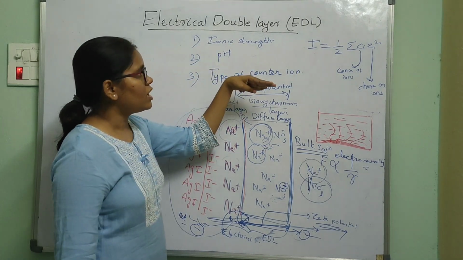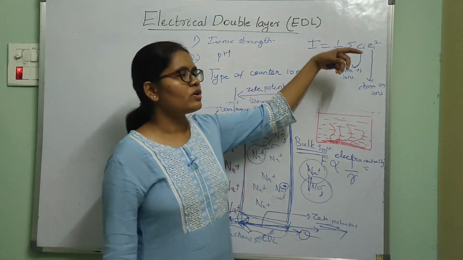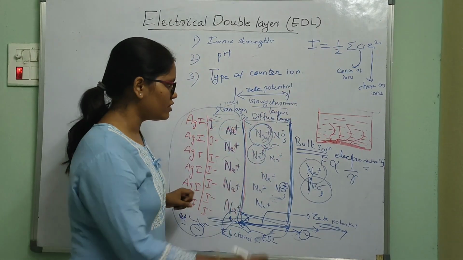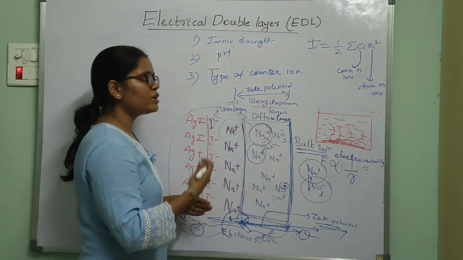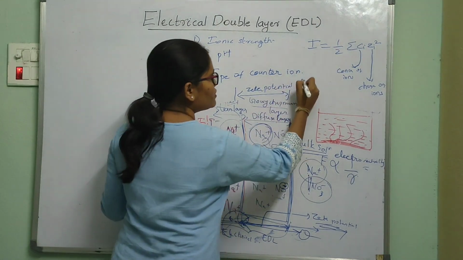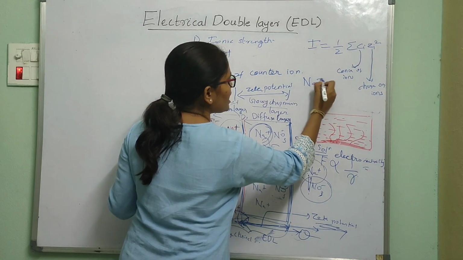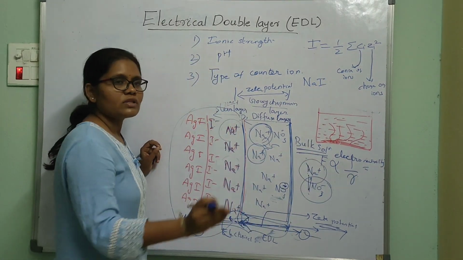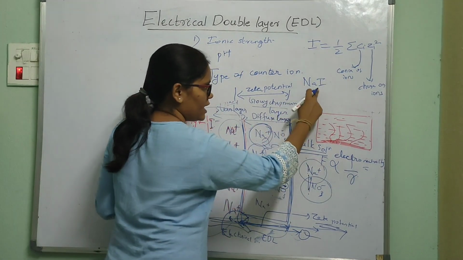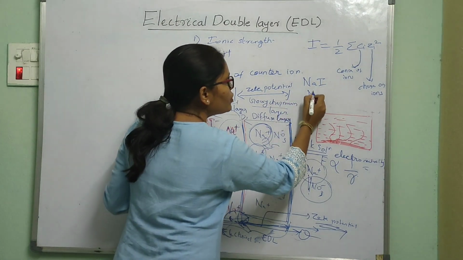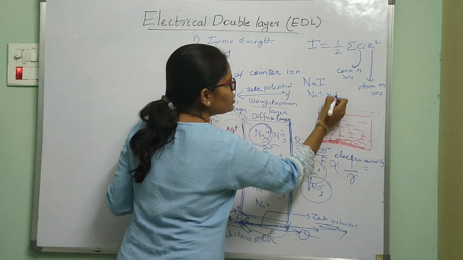So see, if ionic strength is high, that means if the concentration of ions is high, what will happen? There will be more counter ions. In our case, the electrolyte was NaI. So if the concentration of NaI is high, there will be more sodium plus ions in the solution, right?